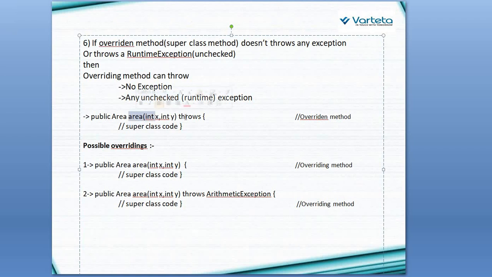We take an area method that does not throw anything. So what is the possibility for the overriding method? First, it does not declare any throws clause here. And second, it can throw any runtime or unchecked exception. So this is the case for the overriding method, related to exceptions.